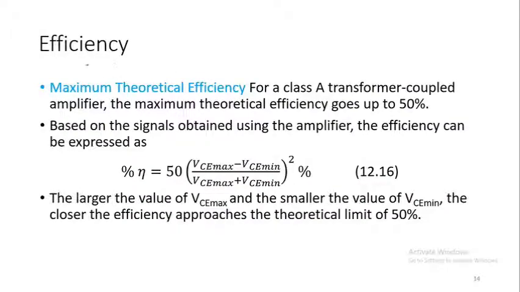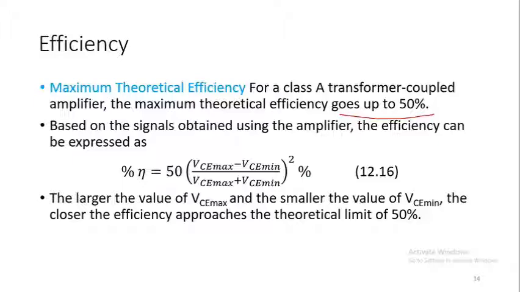Now, the maximum theoretical efficiency for the class A transformer coupled amplifier goes up to 50%. Based on the signal obtained using the amplifier, the efficiency can be expressed as percentage efficiency equal to 50 into (VCE max minus VCE min over VCE max plus VCE min) whole square percent.